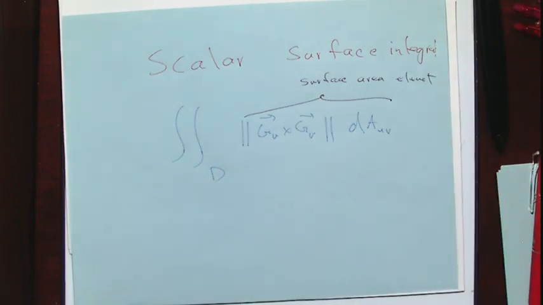Multiply surface area element by a density and integrate. What do you get? Total of whatever that density was.